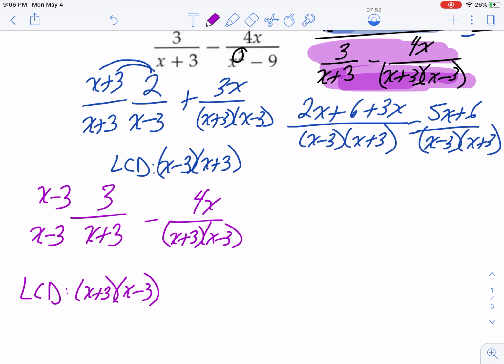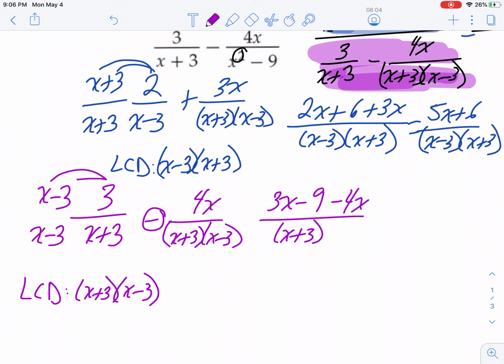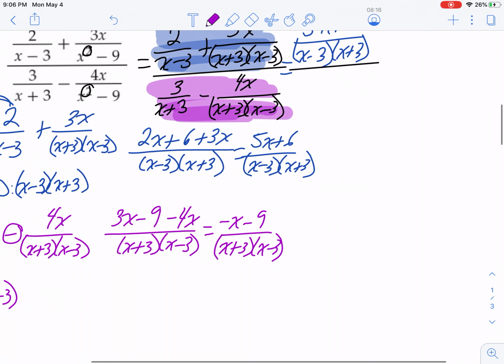On the right side, I have all I need. Distribute the 3 to get 3x minus 9. I have a minus sign in between, so minus 4x over my LCD of x plus 3, x minus 3. Combine like terms to get negative x minus 9 over x plus 3, x minus 3. So let's go ahead and write that up here now.